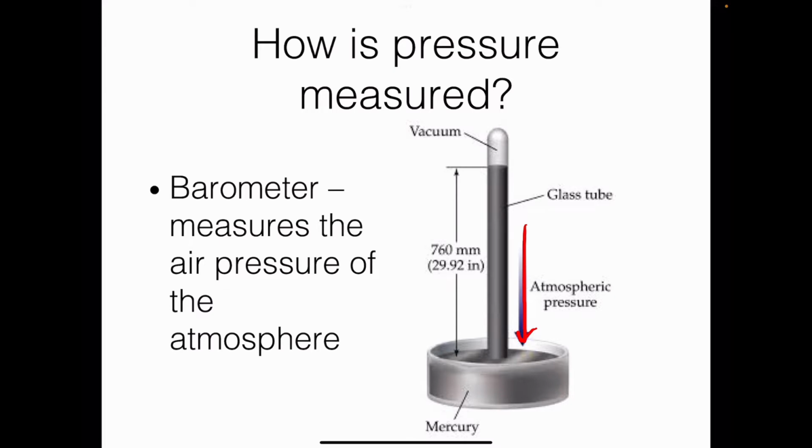And as a result, the mercury gets pushed up this tube. And pressure is quite literally read in millimeters of mercury. So you can see here, this is reading 760 millimeters of mercury that are being pushed up this tube.